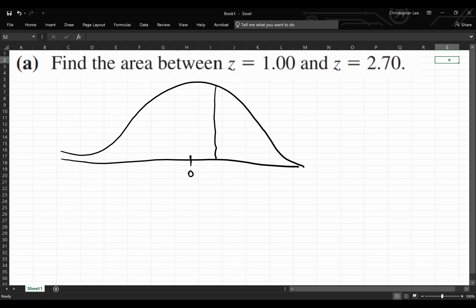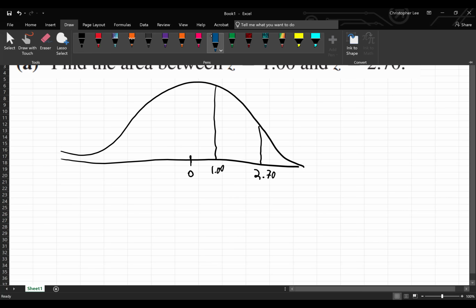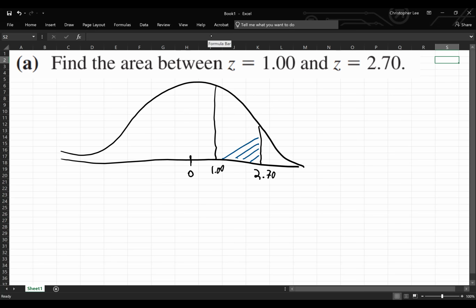Then we said 1 was something like over here, and 2.7 is something like over here. And the area that I'm looking for is this part in between right here. That's what I want.